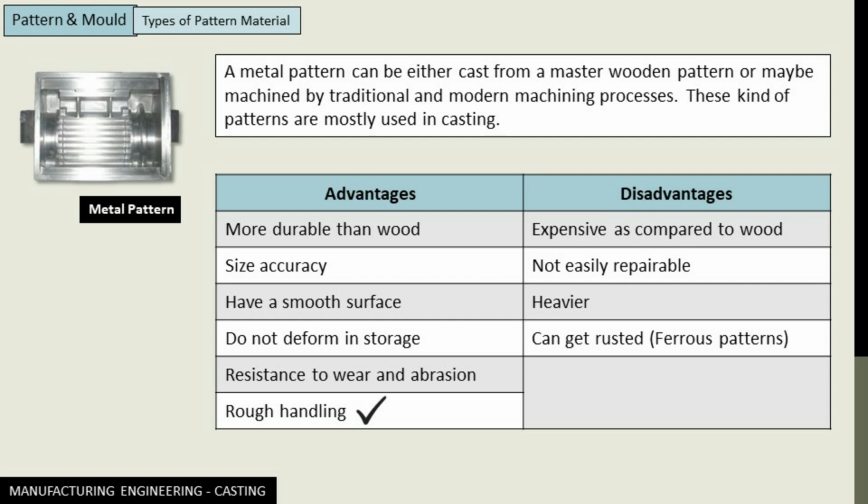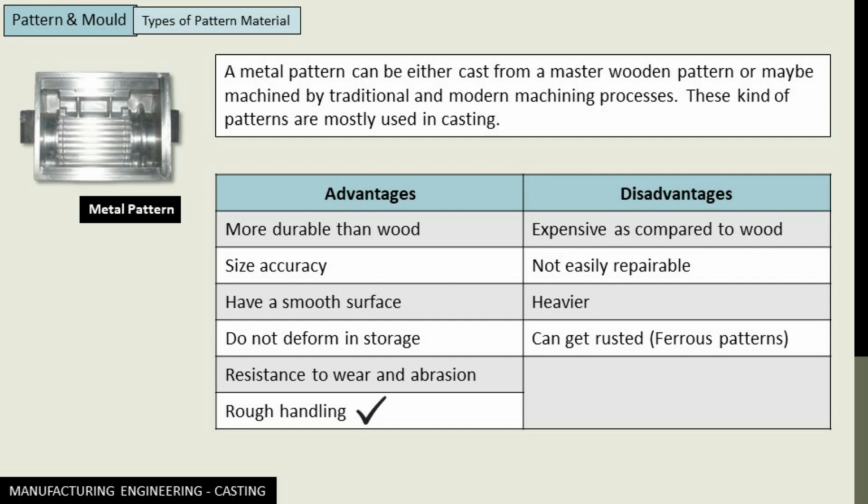Now let's understand the advantages and disadvantages of metal patterns. See, a metal pattern is more durable than wood. They have size accuracy, a smoother surface, they do not deform in storage, they have good resistance to wear and abrasion, and we can roughly handle them.